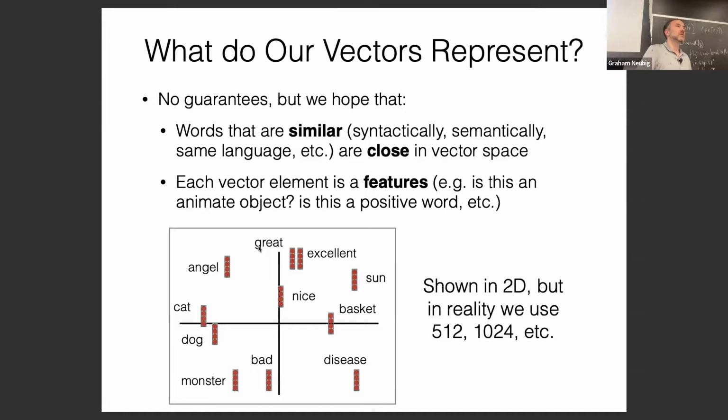So we end up getting something that looks a little bit like this, where one dimension could be the sentiment polarity, like very good things are up here, very bad things are down here. The other could be animacy: inanimate things are over here, animate things are over here. This is shown in 2D, but in reality, we use 512 or 1024 or other sizes like that.